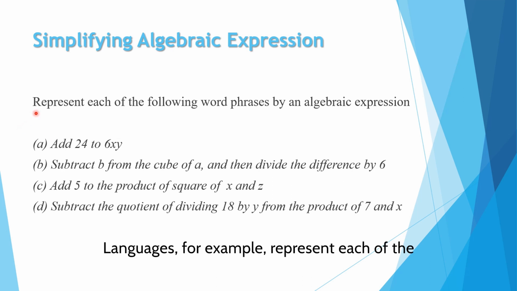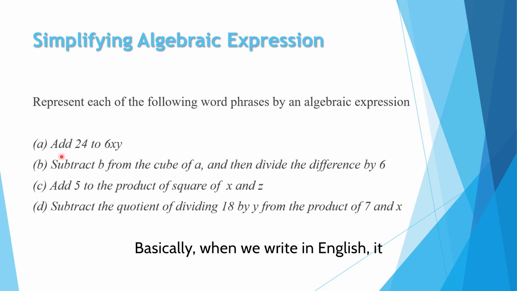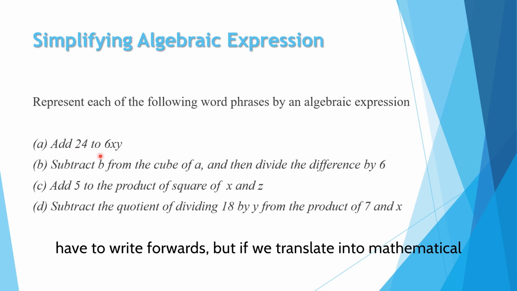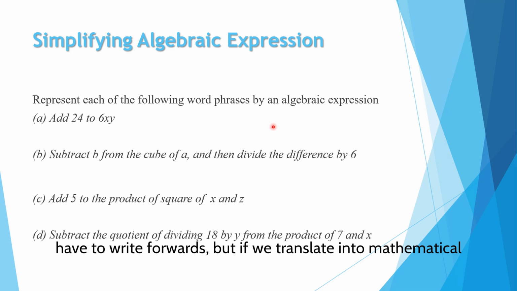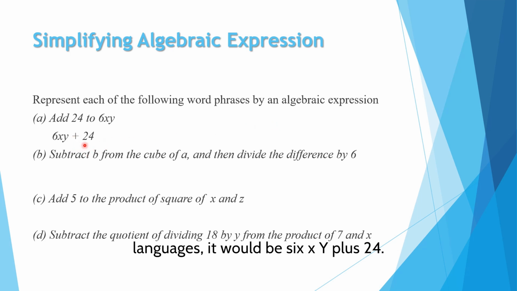For example, represent each of the following word phrases by an algebraic expression. Basically, when we write in English, it will be very long and clumsy. Let's say part A, add 24 to 6xy, we have to write 4 words. But if we translate into mathematical language, it would be 6xy plus 24.